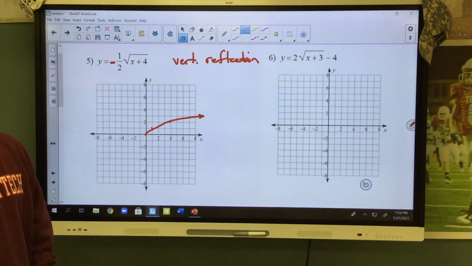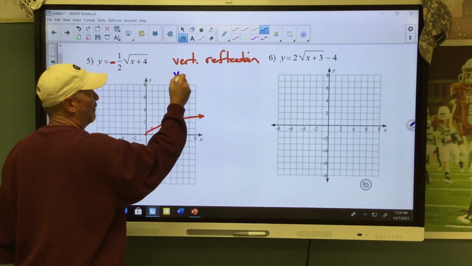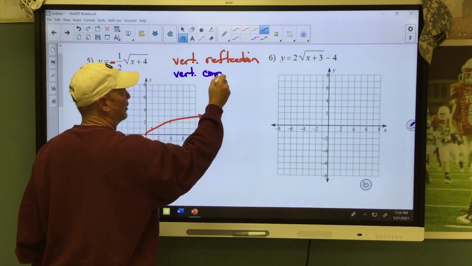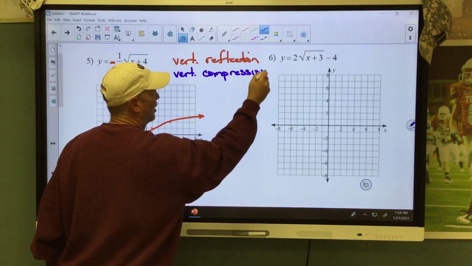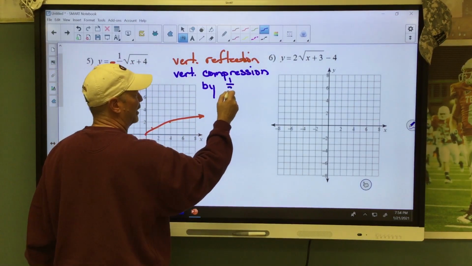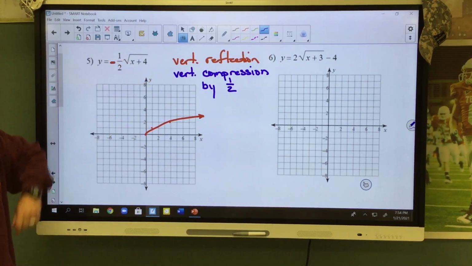What about the 1/2? The 1/2 tells us that we're going to have a vertical compression by a factor of 1/2. And then what about the +4?